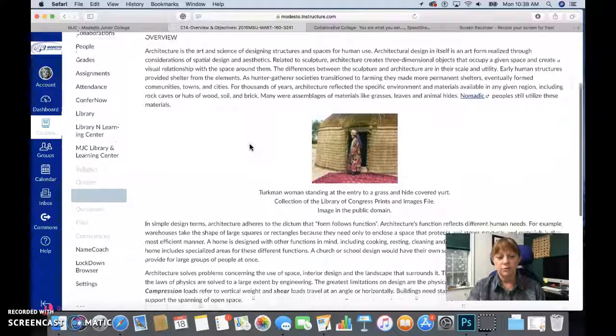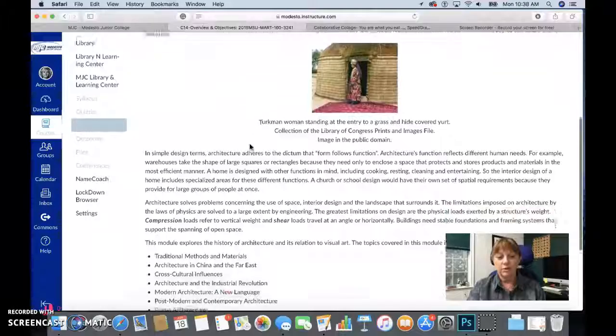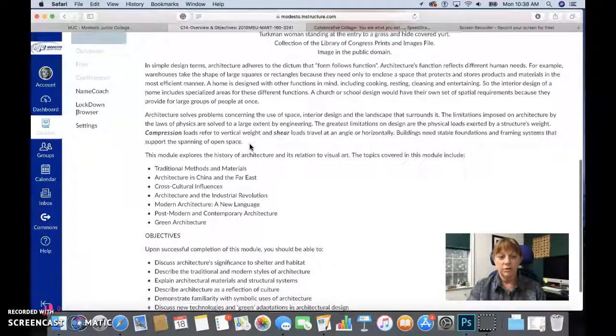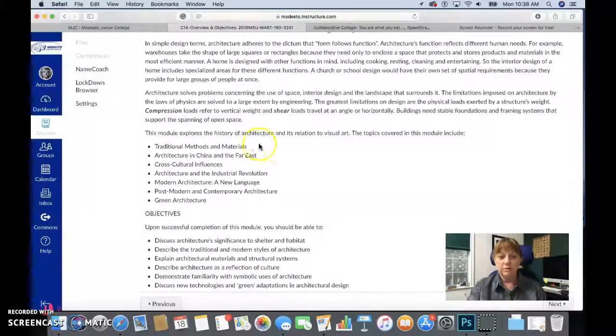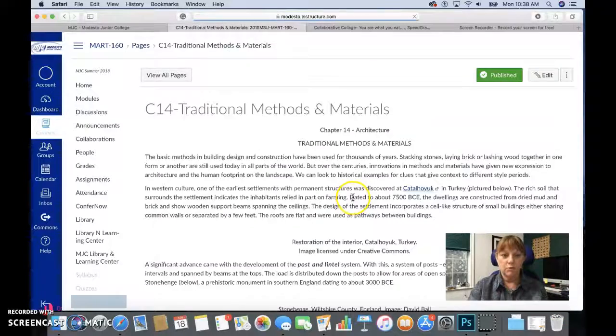It takes you through all of the traditional methods and materials, architecture in China and the Far East, cross-cultural influences, architecture in the Industrial Revolution, modern architecture, postmodern and contemporary architecture, and green architecture. So there's a lot to look at.